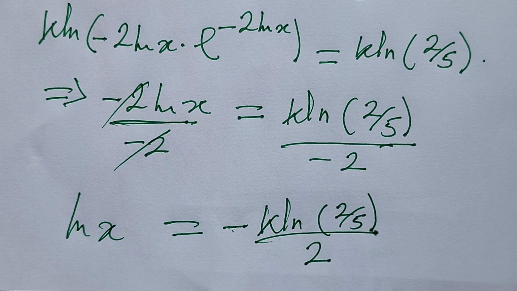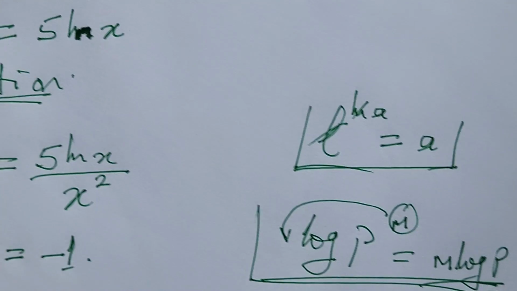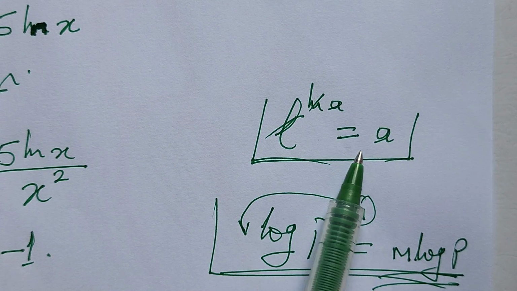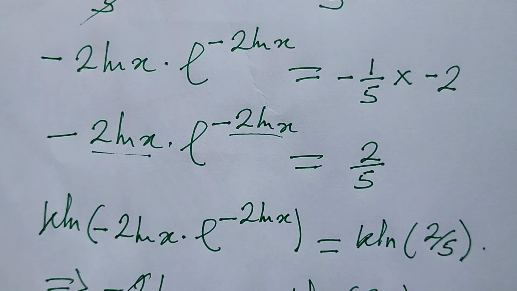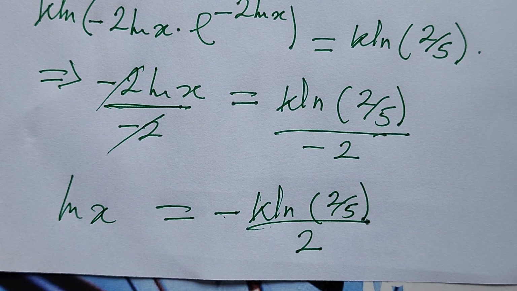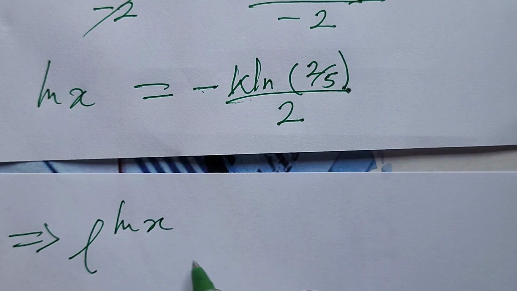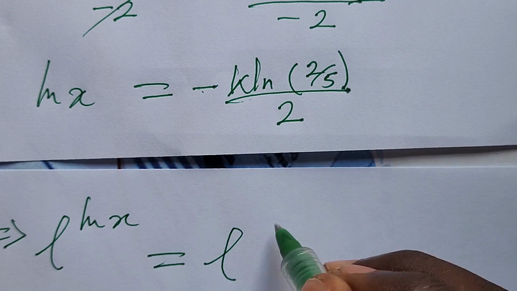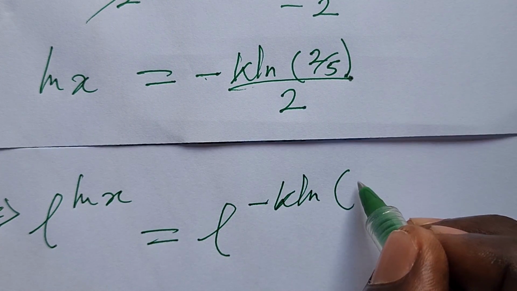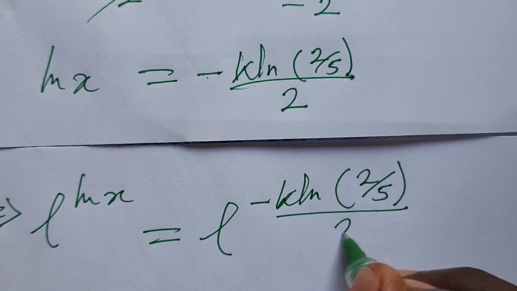So how do we get our x here? Now, remember the equation we looked at the other time. We said e to the power of ln of a will give us a. So we can introduce e to this system. Let's go ahead and introduce e to this system. This now implies e to the power of ln of x is equal to, we do the same thing here, e to the power of minus W_n of 2 all over 5, everything all over 2.